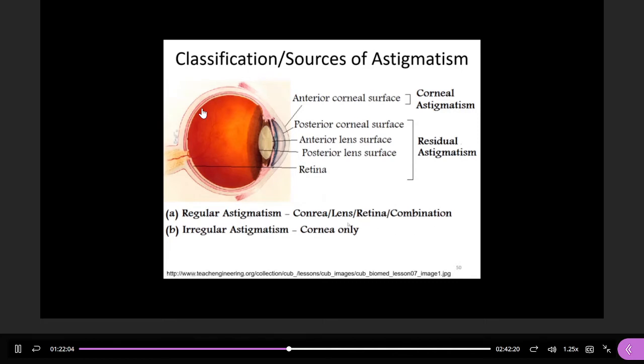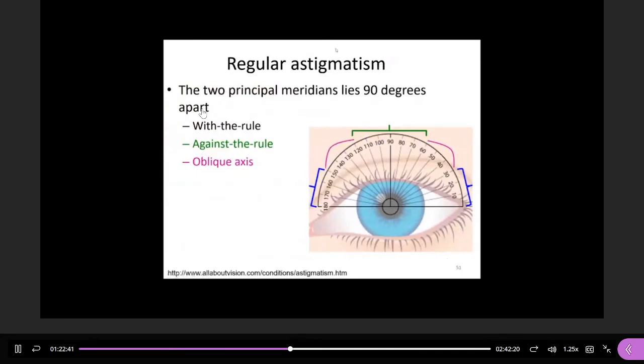Corneal, lens, and retina combinations we call regular astigmatism. However, if it only comes from the cornea, because of trauma or anything that makes the cornea not flat, we call it irregular astigmatism. So they have different classifications. Ninety, or I'm going to say 95 percent of astigmatism actually comes from the cornea, because the cornea has the problem.